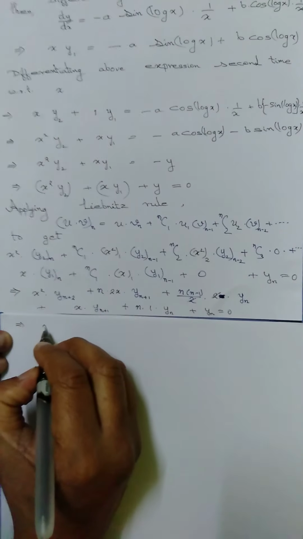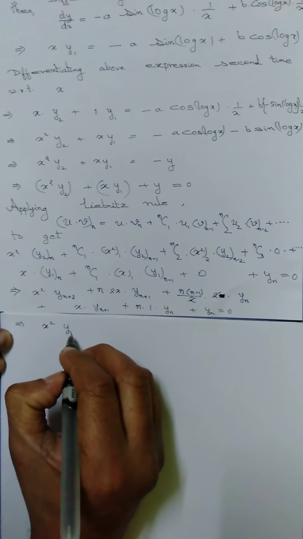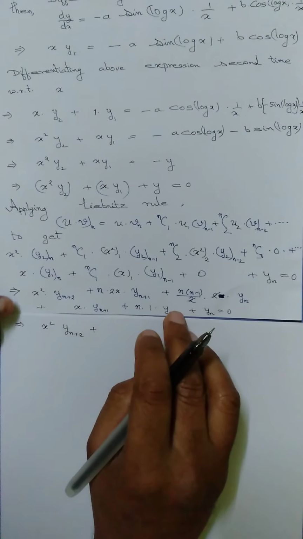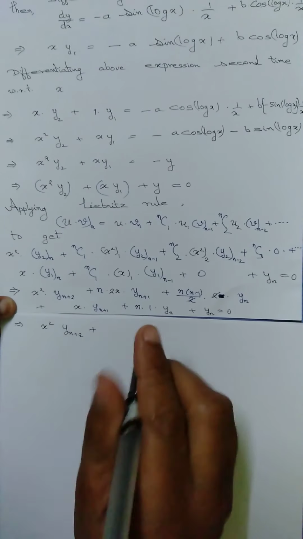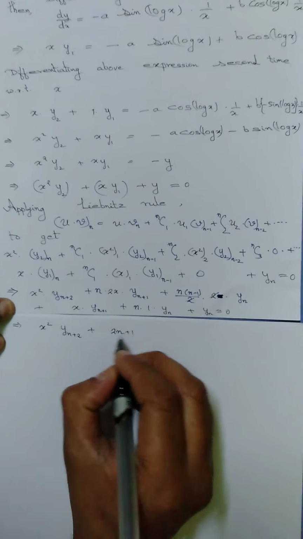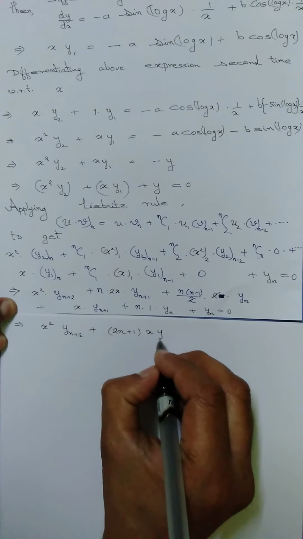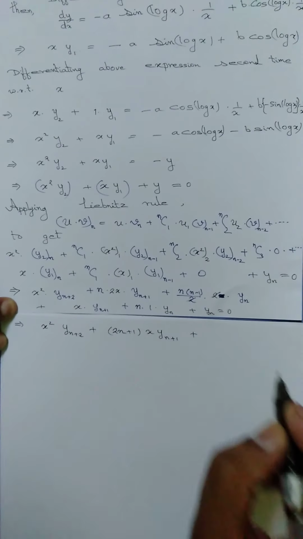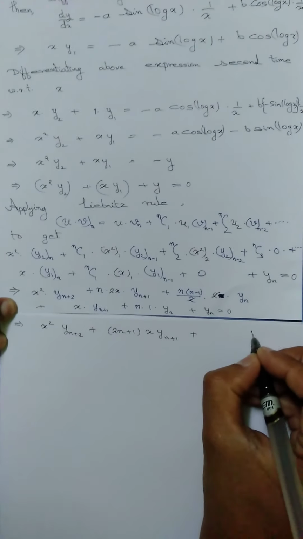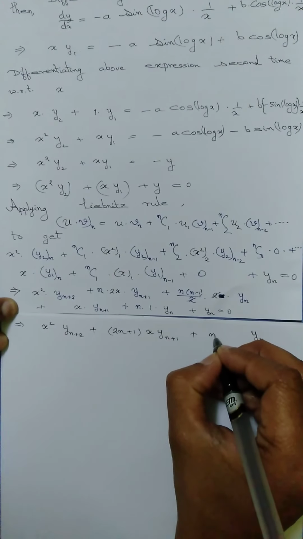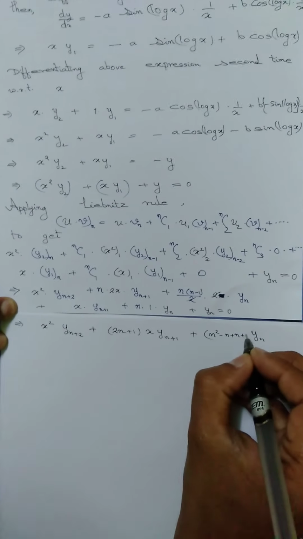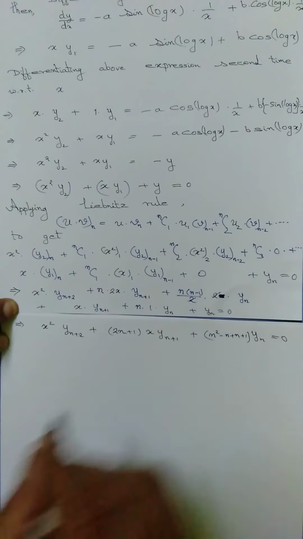This implies x square y_(n+2), y_(n+1) take common, (2n plus 1) x into y_(n+1) plus y_n. Oh yeah, we can cancel something here. n square minus n plus 1 y_n equal to 0.